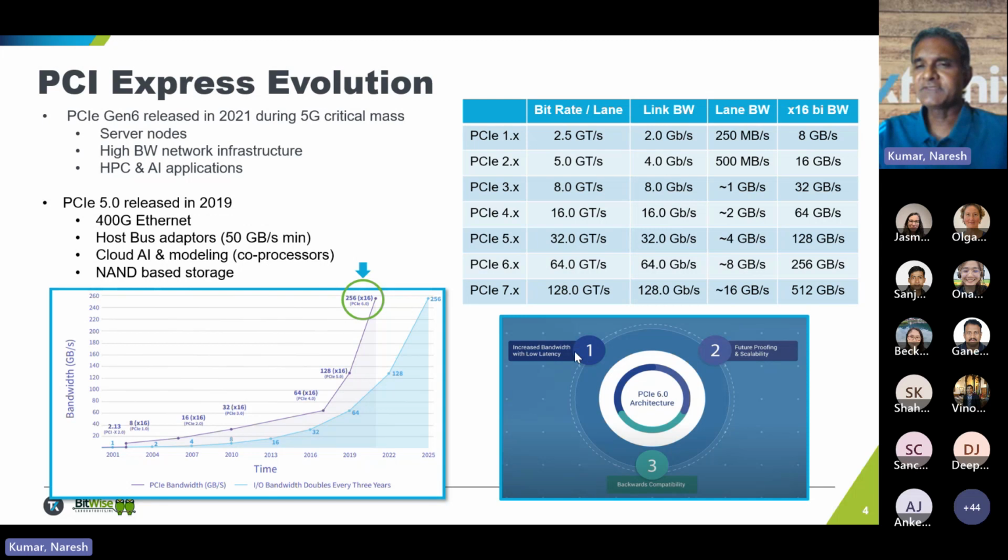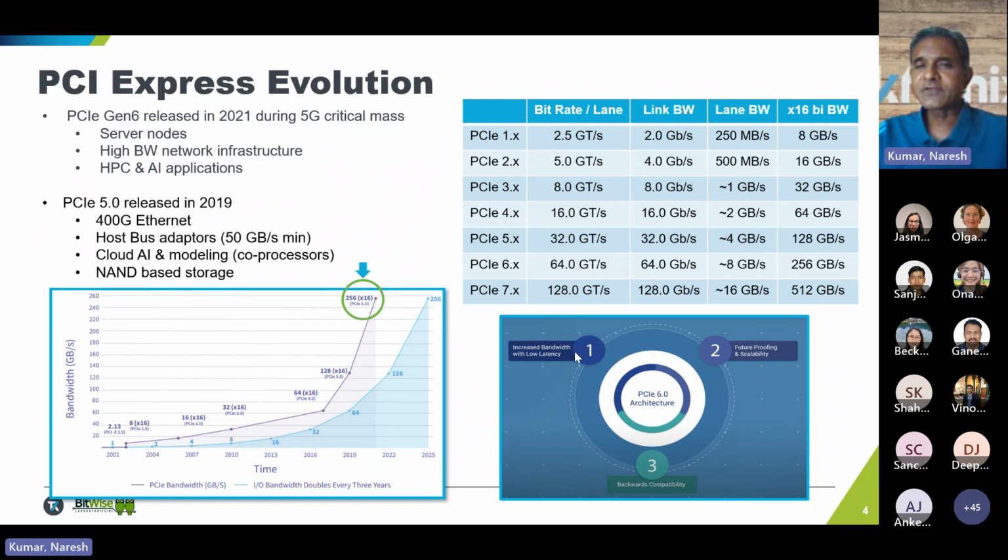The one which is currently very stable is PCIe Gen 4, and Gen 5 is in active implementation by many customers and designers, while Gen 6 is already on for early adopters. And the specifications on Gen 7, the early specs are already being defined. Be ready for the next challenges as we move to Gen 7.